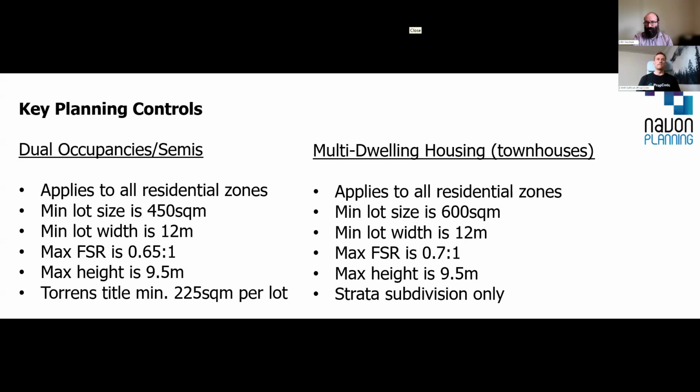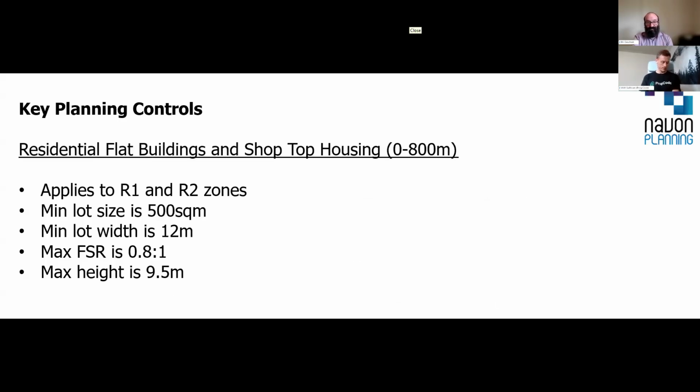Those are the requirements, like a minimum lot size of 600 square meters and a maximum height of 9.5, which essentially gives you 2 stories and possibly a third story, like with an attic. So the controls are certainly generous, I would say, especially in areas that haven't been developed yet.